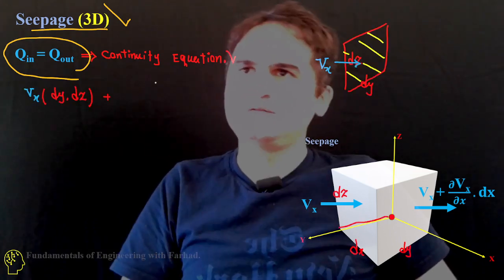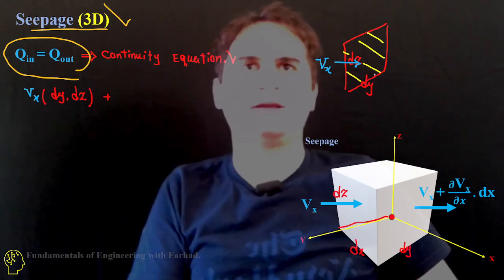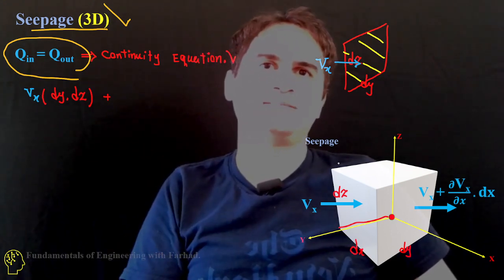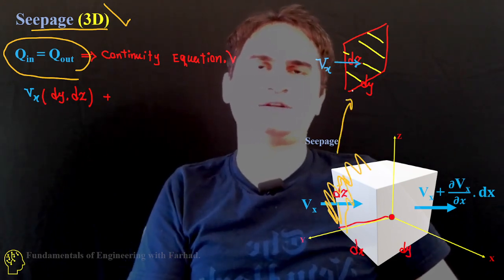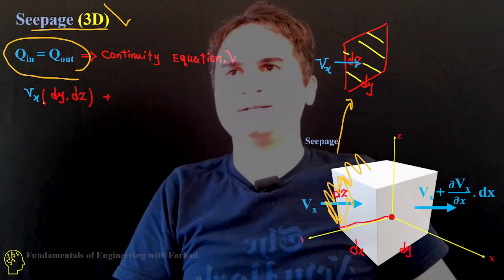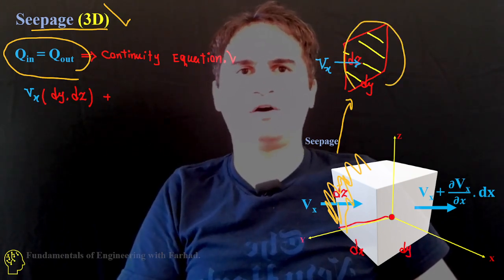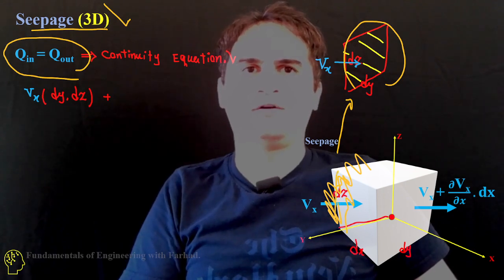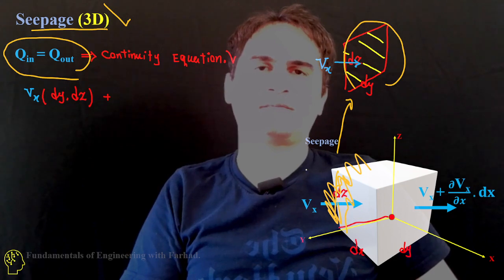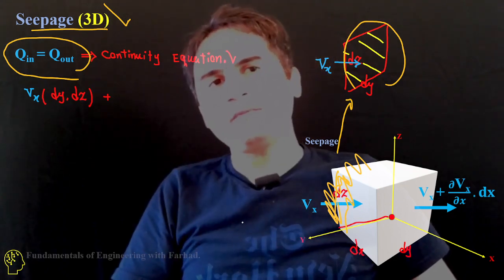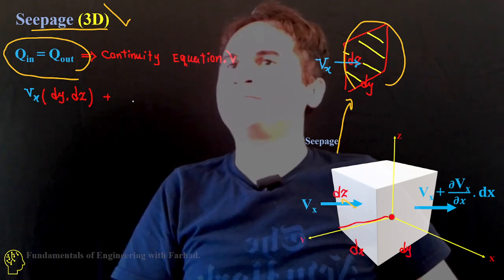If we develop that, Vx applies to the entrance area dy dz, which we project here. The dimensions are dy and dz. So that's the back area.